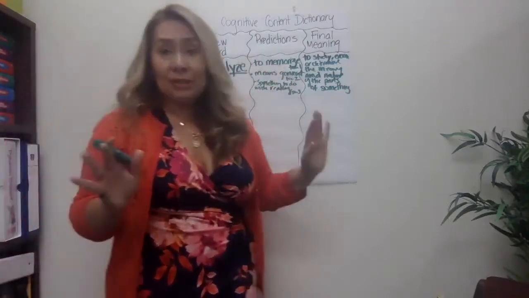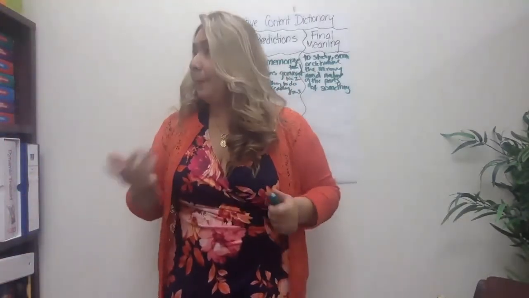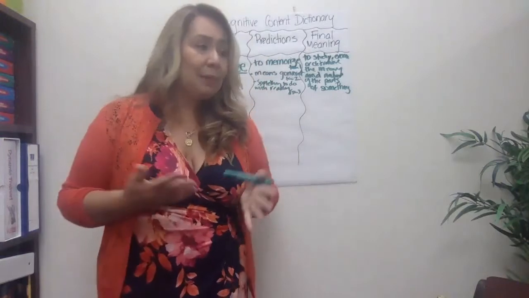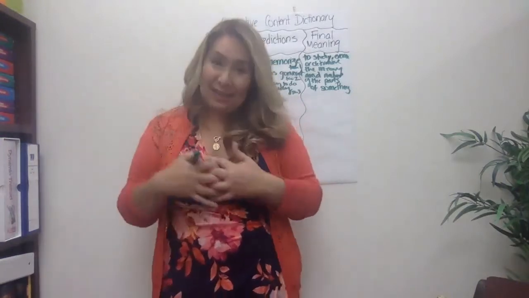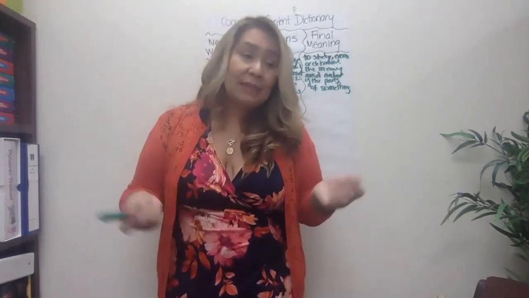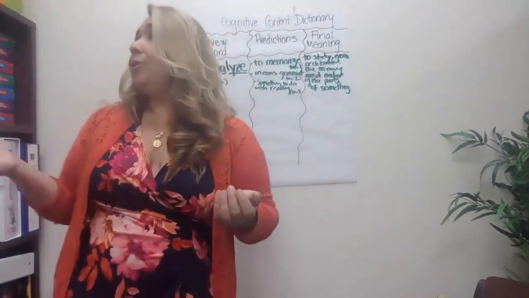And then most important, you want to be able to have a picture of someone or something that is being analyzed so that the kids can get that connection. Maybe it's going to be a symbol that you use in your classroom.